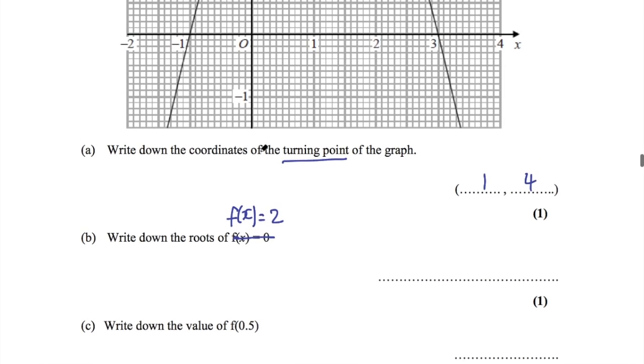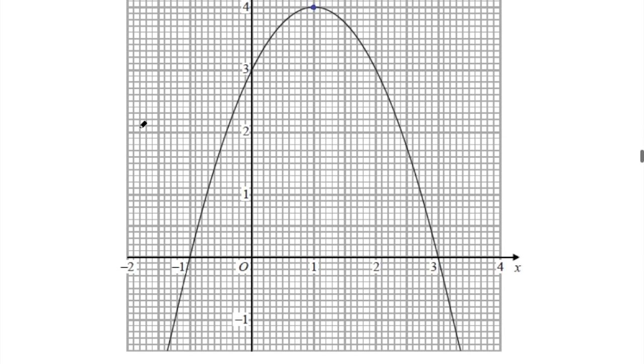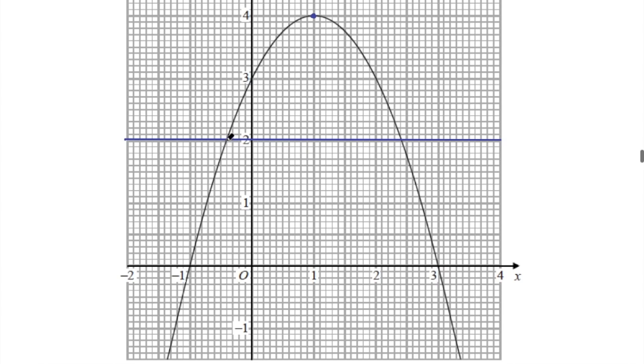And that basically means if you draw a line at 2 on the y-axis, where does this graph equal 2 for the y value? That's basically what it's saying. And then we can just find the points where the graph cuts this line at y equals 2. Let's go down to the x-axis.